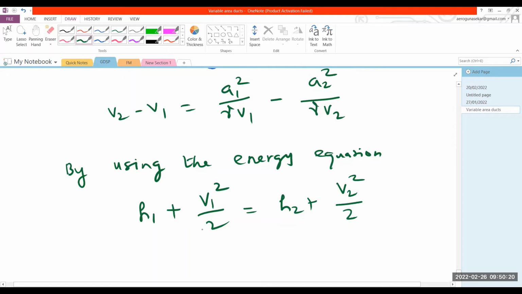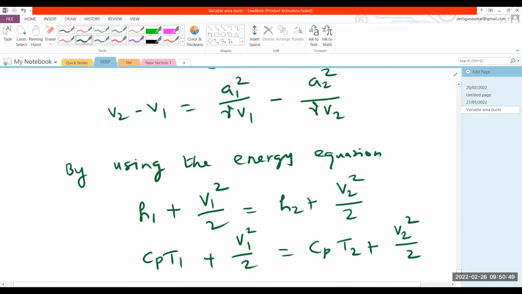So in this energy equation, since we have considered the calorifically perfect gas, we can say that your enthalpy will be equal to Cp into T1 plus V1 square by 2. It's equal to Cp into T2 plus V2 square by 2.